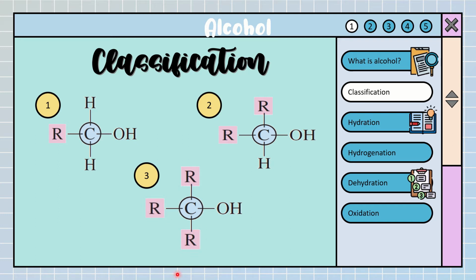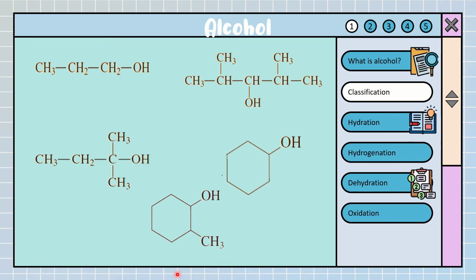It is important in the chemical reaction that you know the classification of alcohol, as each classification will result in different products. Let's have a practice first before we proceed to the chemical reactions of alcohols. Here you have to identify whether the following alcohol is considered as primary, secondary, or tertiary. For the first example, again, what we need to see first in classifying your alcohol is the hydroxyl group.